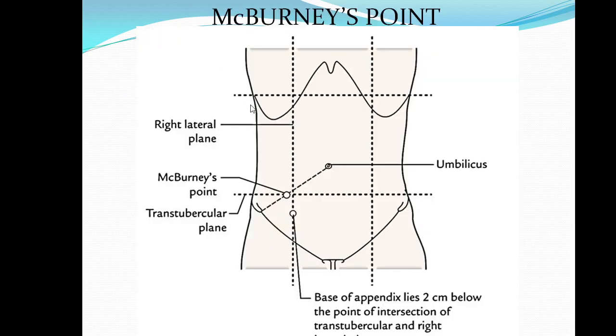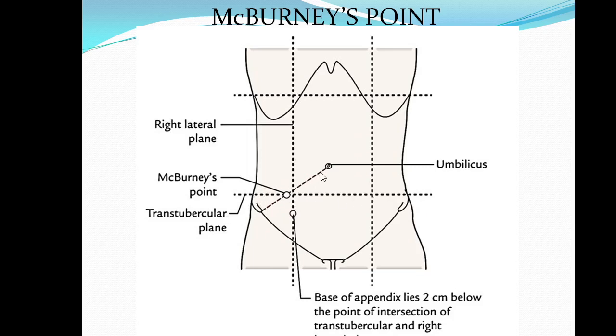Here in this diagram, you can see this is the right lateral plane, this is the transtubercular plane, and you can see the position of the base of the appendix lies 2 cm below the point where the right lateral plane crosses the transtubercular plane.